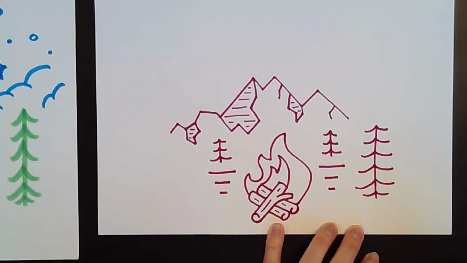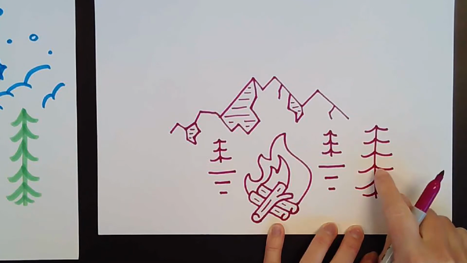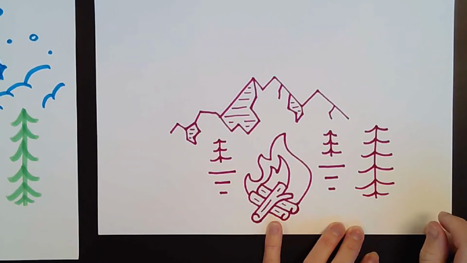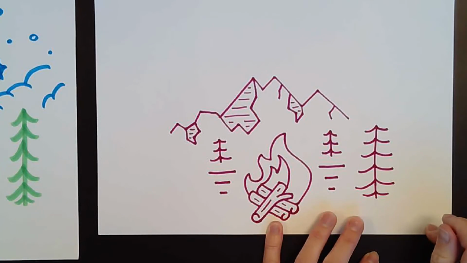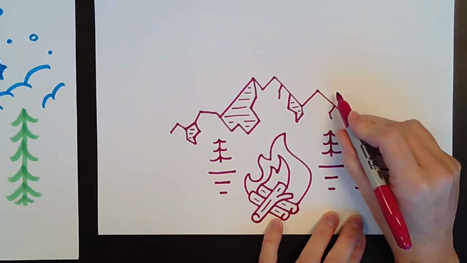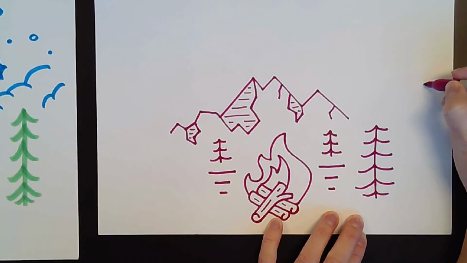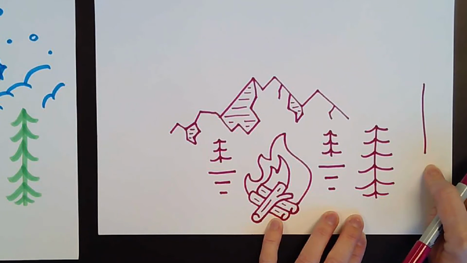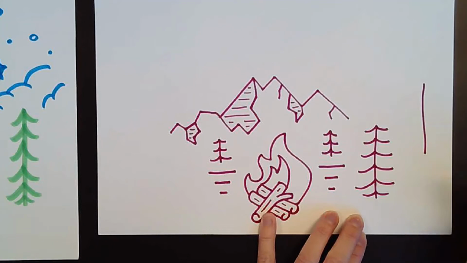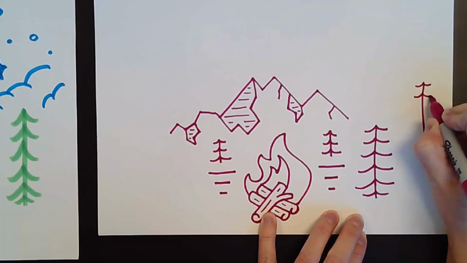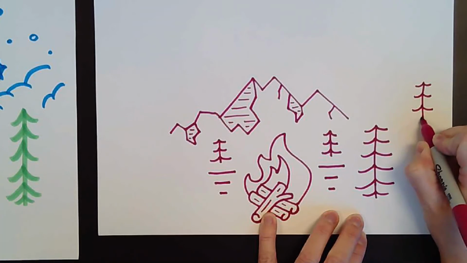We're just drawing some branches. Just some little curved smiley face lines. And then I've got one more. We'll come up about even with the top of this mountain and draw another vertical line. Does it have to be perfectly straight? Nope. And add my little curved lines.